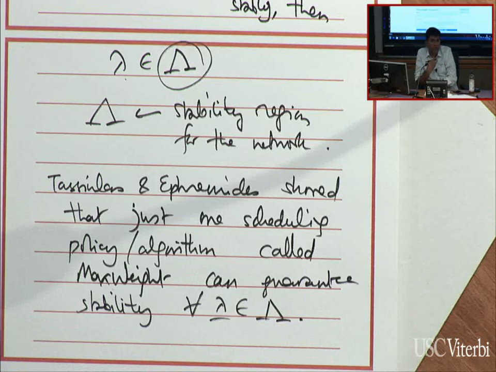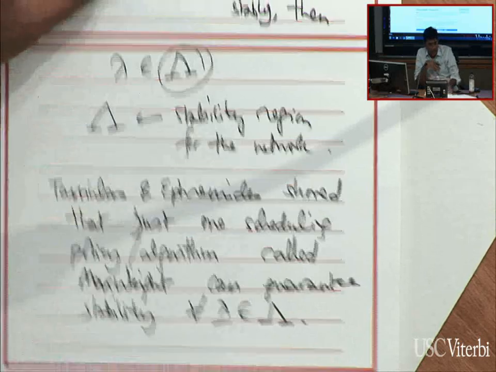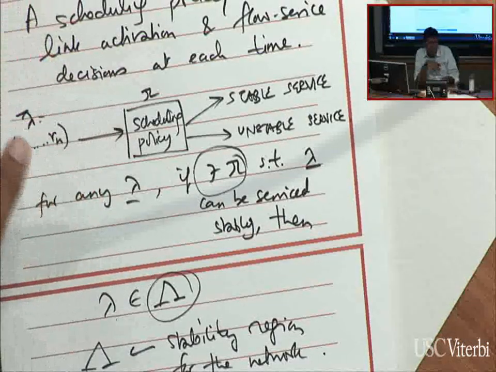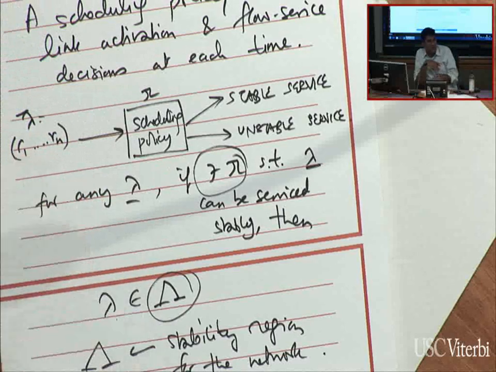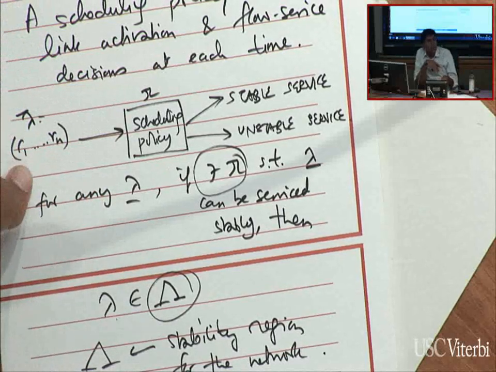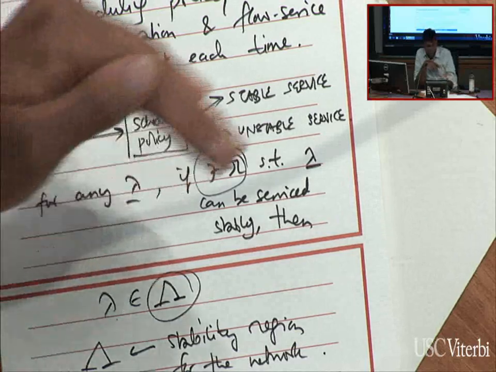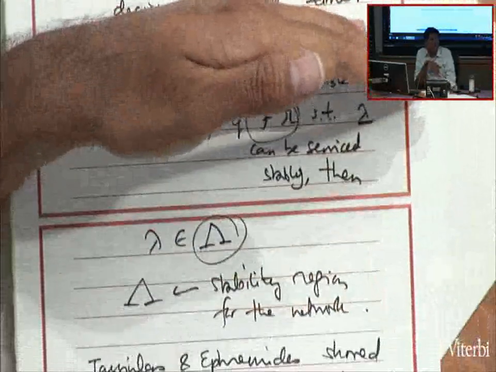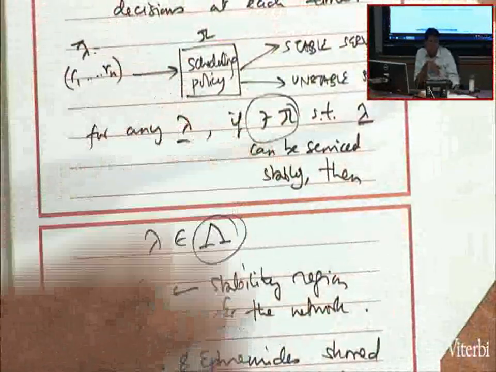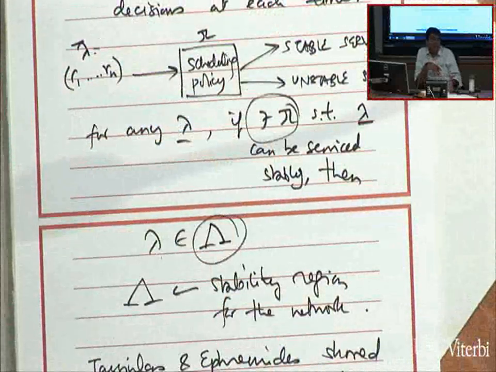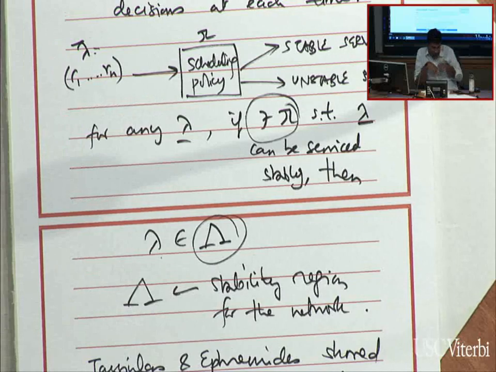So that was really why the result is powerful, is that this description is reasonable. It just says, is there some way that I can serve this rate? But what they're saying is they have an algorithm that can service every rate that any other algorithm could possibly make sure it's stable. Their algorithm will make sure it's stable. If no other algorithm can make sure it's stable, theirs can't either, because that probably means that you're overloading the network. Okay?